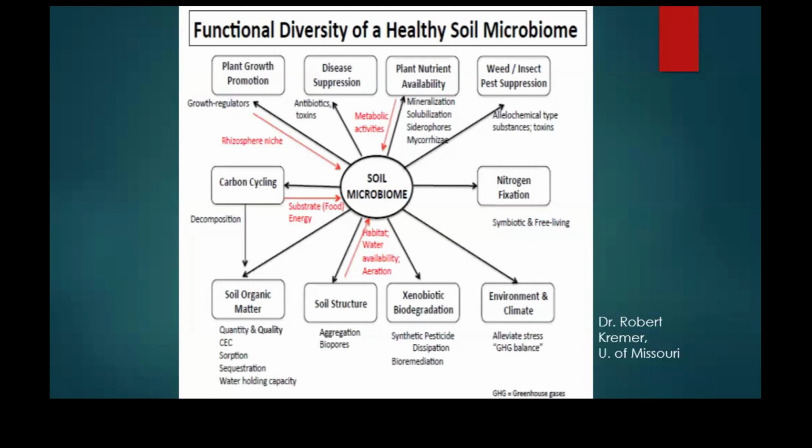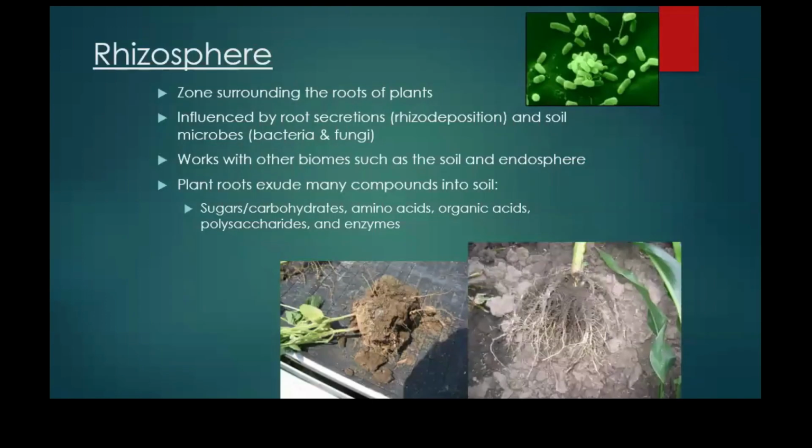So we want all those communities present in our soil. How do we do that? The rhizosphere is where it's particularly important. The rhizosphere is that soil immediately surrounding the plant root. And that's where the microbes are in the greatest abundance, feeding off of those root exudates. So the plant is a real trigger mechanism to encourage those organisms.